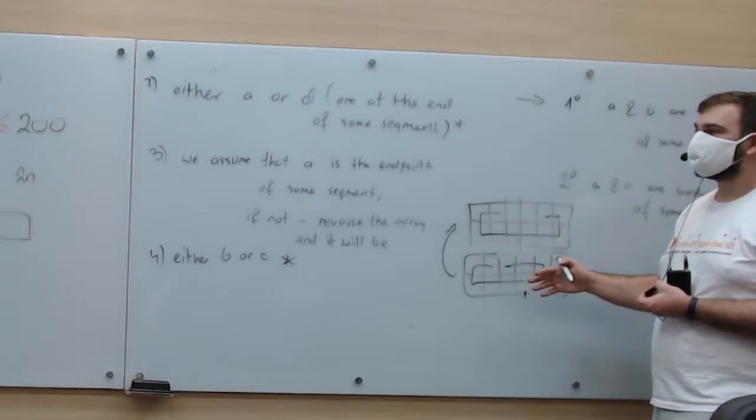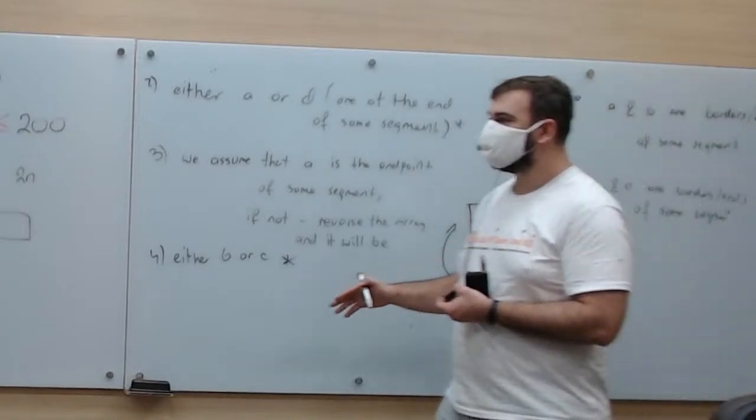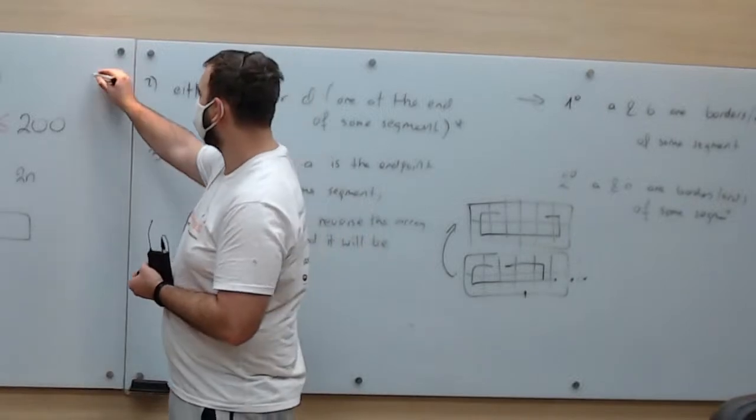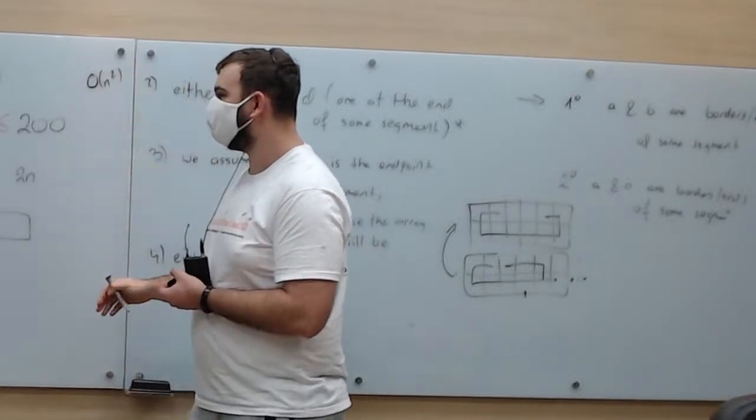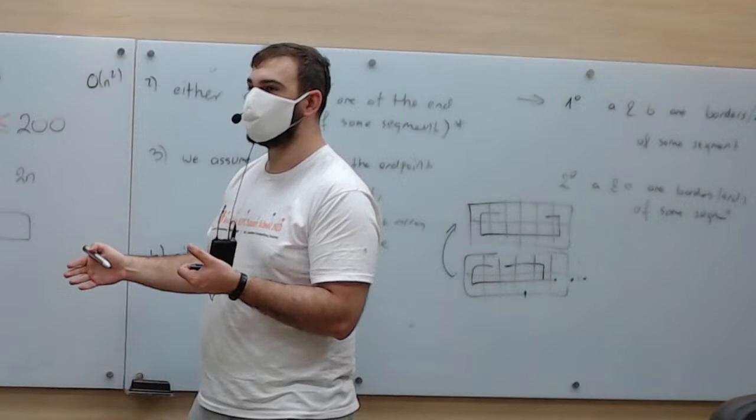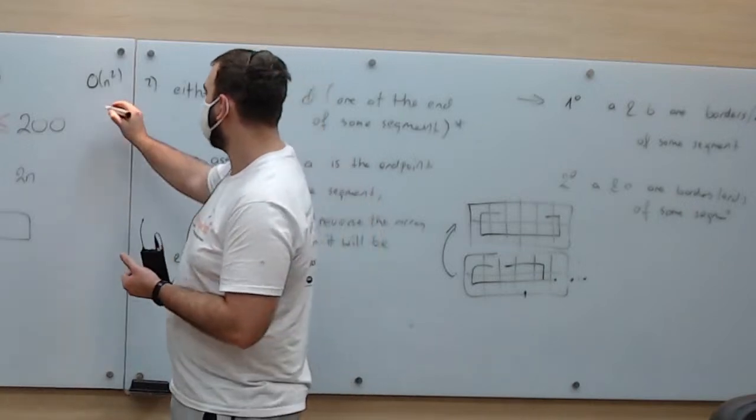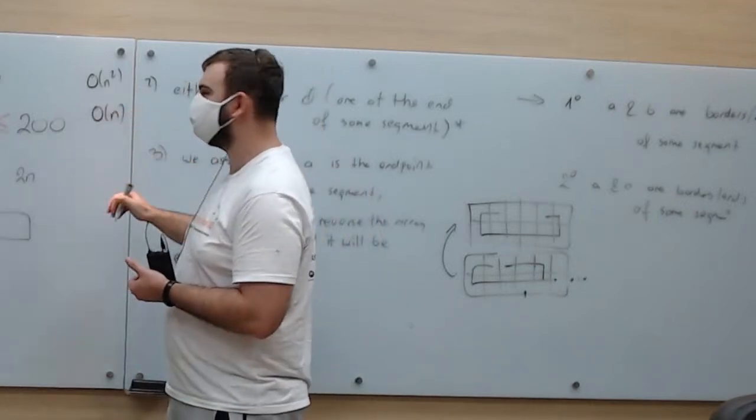Okay? So the total complexity is we need to iterate over A and B, which is n squared, and then we have to iterate over all interesting locations, but we also said that the number of interesting locations is O of n.